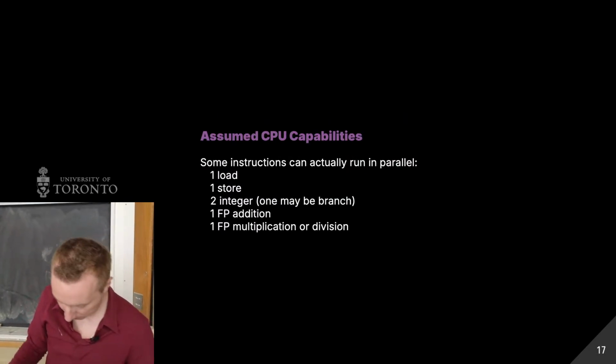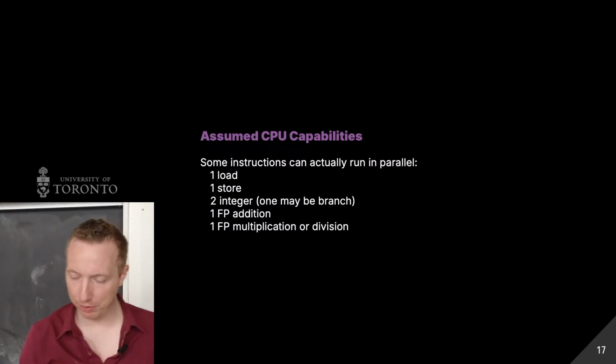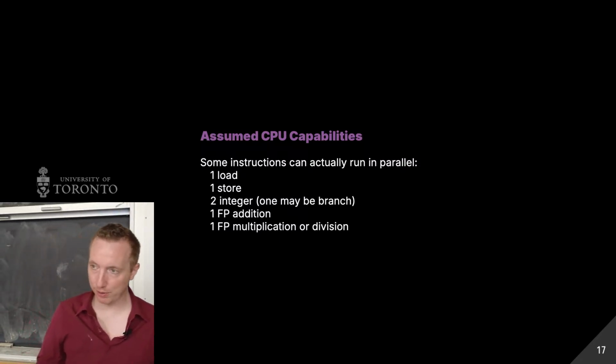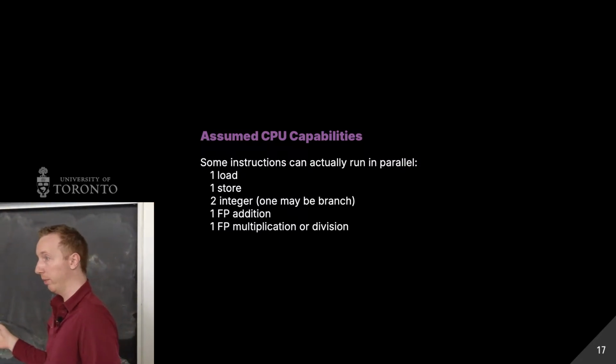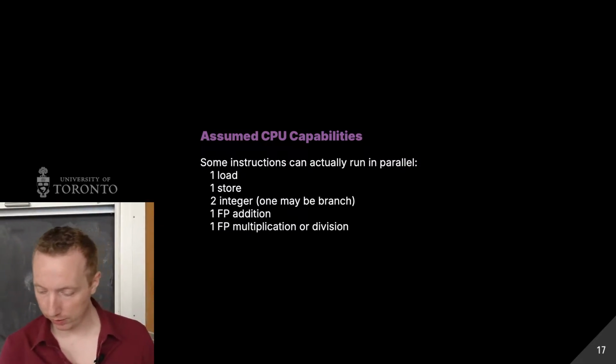So before that, we can talk briefly about some assumed CPU capabilities. Like we said when we had pipelining and out of order and everything like that, some instructions can actually run in parallel.